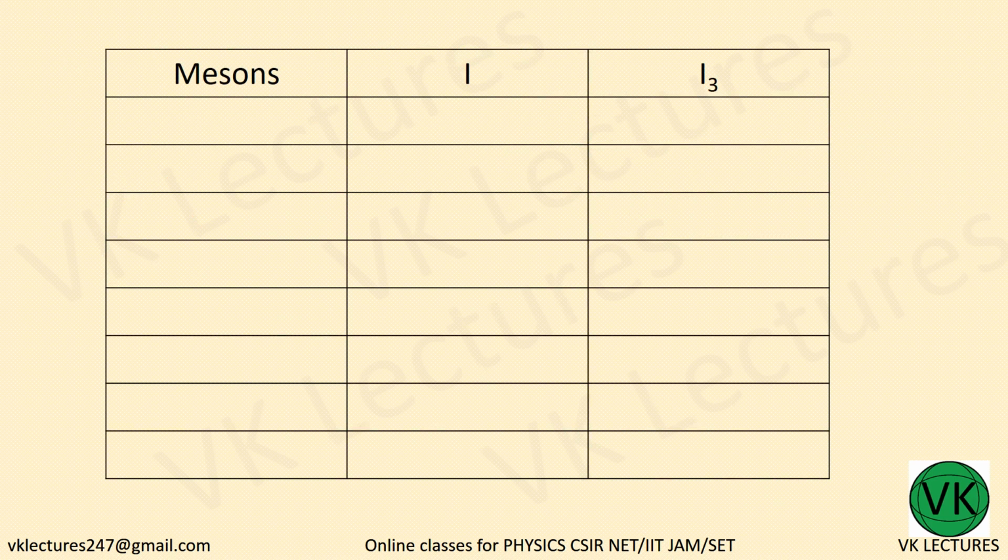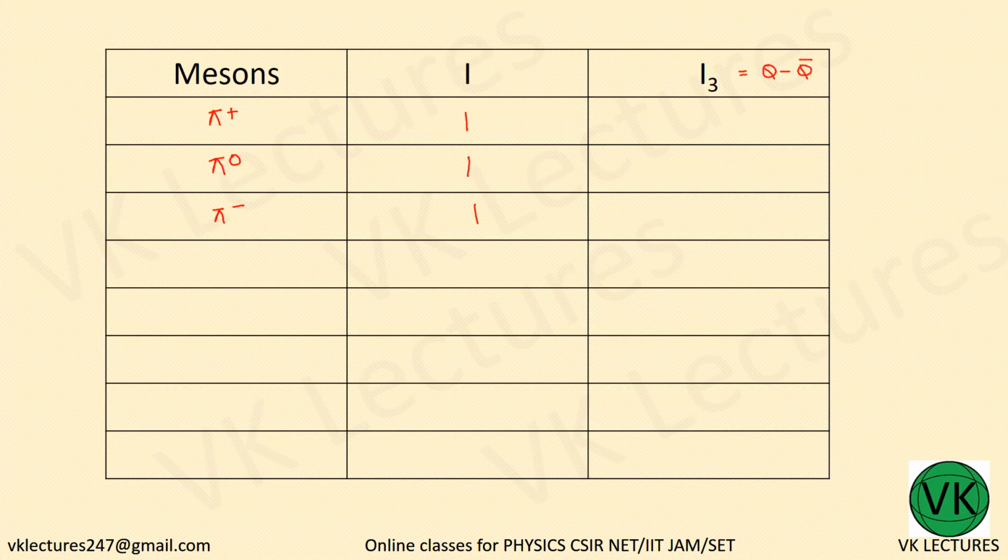In this slide we will see different mesons and the corresponding I and I3. We start with pi plus, pi naught, pi minus, which all have the isospin equal to 1, and I3 is nothing but Q minus Q bar.